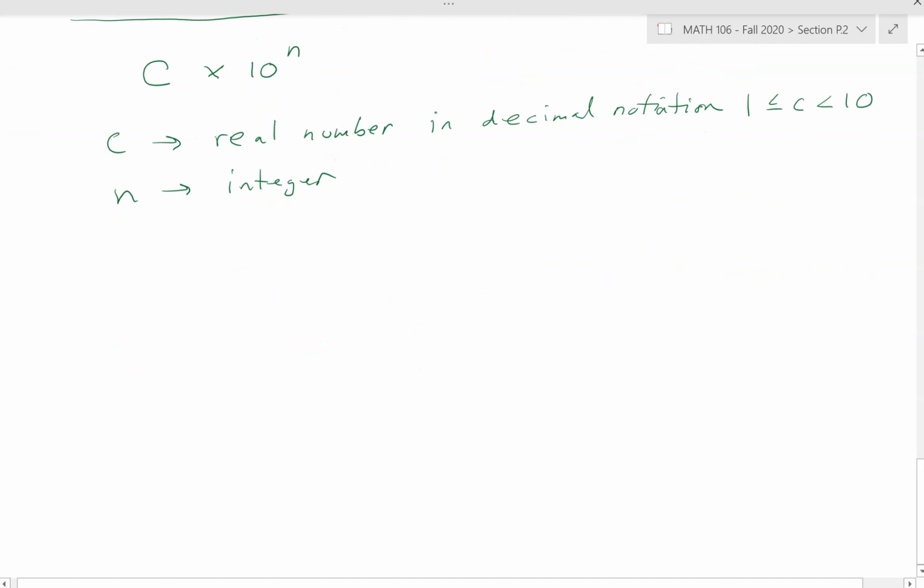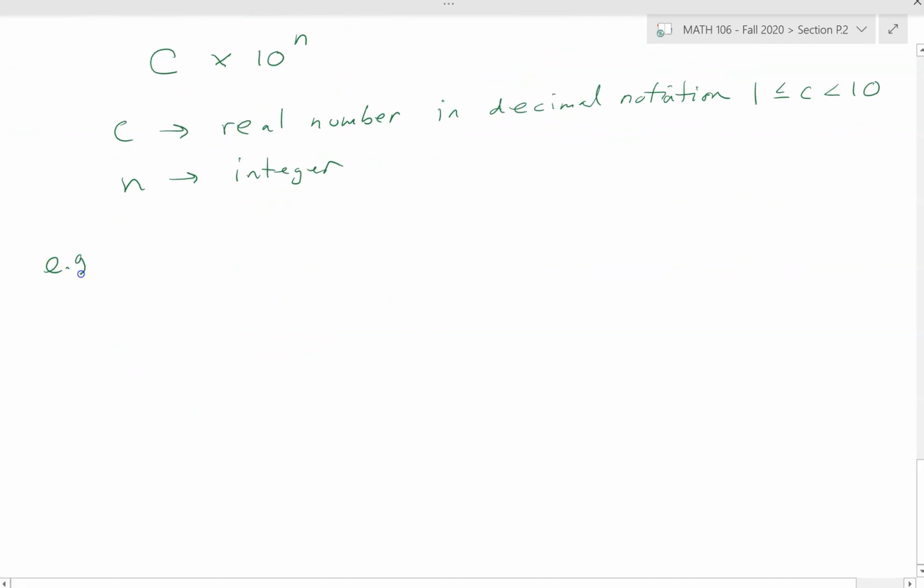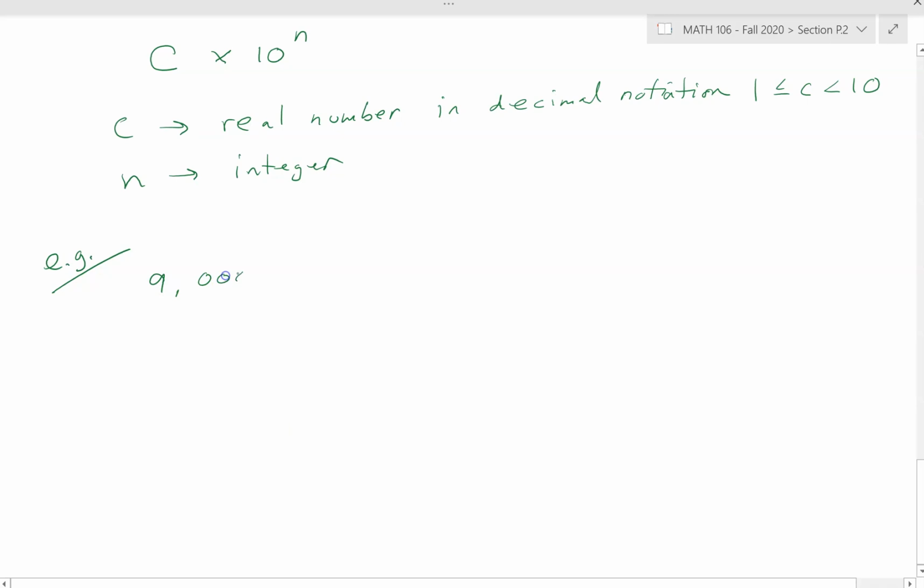All right, so here are some examples. Let's go ahead and do that 9 billion number I did. So 9 billion was that many. Okay, so we want to rewrite this. Now, it's important that you understand where that decimal point is.